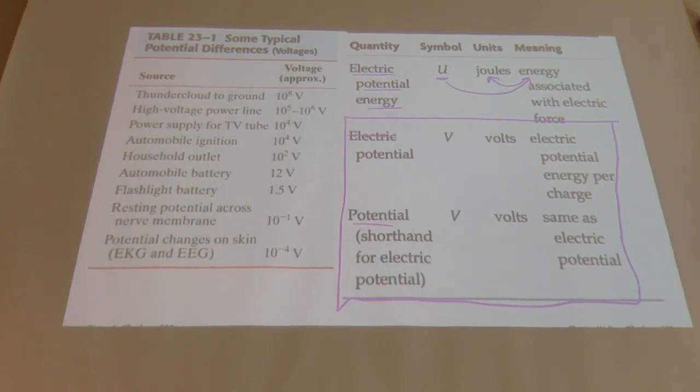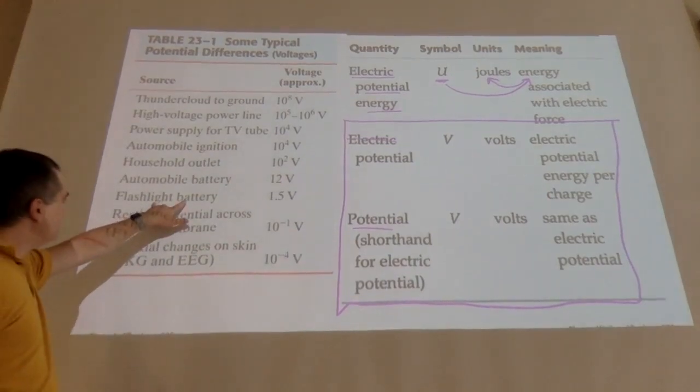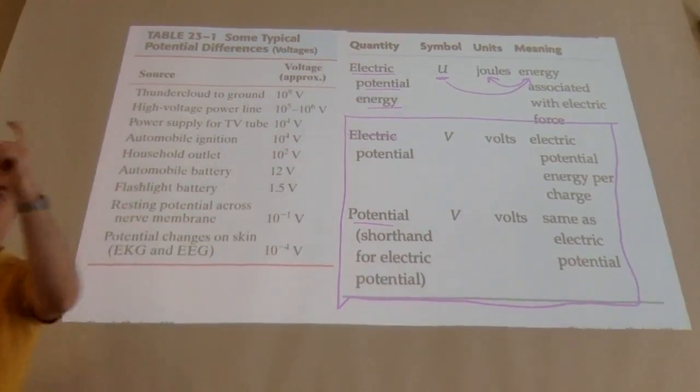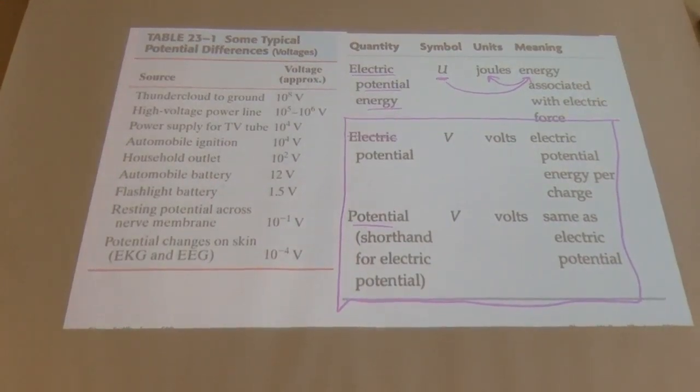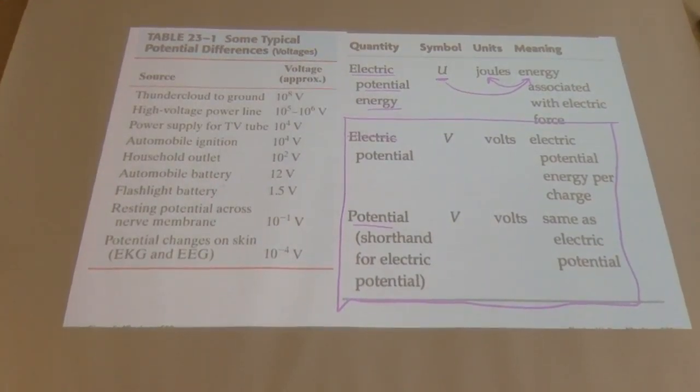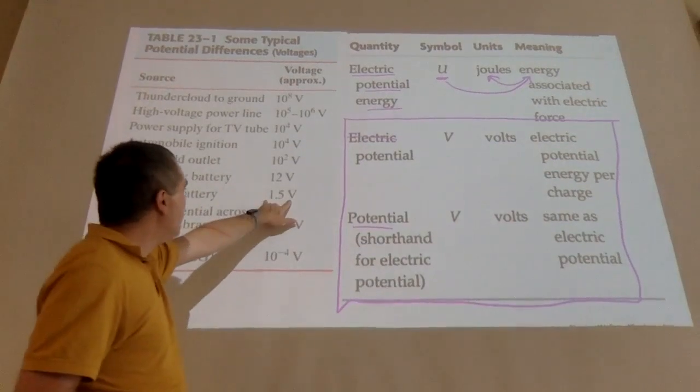Just in case you care a little bit, here are potential differences that exist throughout the world, to give you a feeling for what a volt is and where those things are experienced. A flashlight battery is built such that there is a difference of potential between one end of the battery and the other end, which is typically about 1.5 volts, give or take.